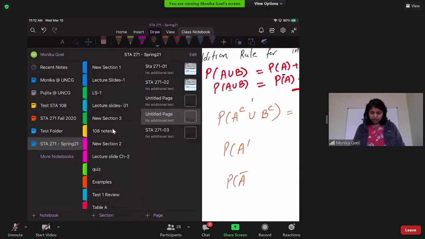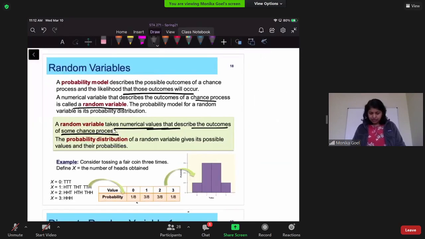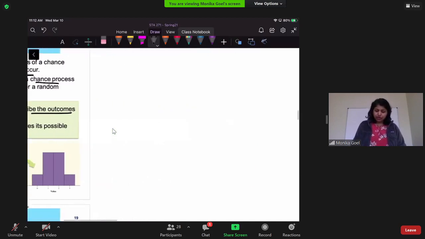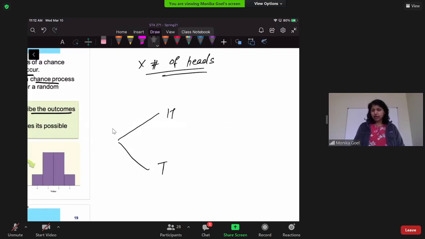So let me come to your slides, and let's quickly go over this example because you have very similar questions in your homework assignment as well. Same thing, you are tossing a coin 3 times and X is your number of heads you obtain. When you toss a coin 1 time, you get either a head or a tail.